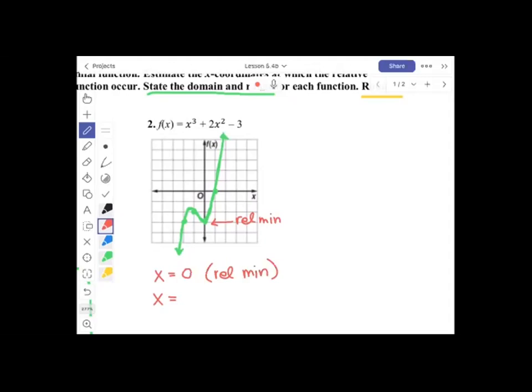Would it be like 1? No, it's not. So remember, you're looking at anything at the top of a hill or at the bottom of the valley. Then it'd be like 0. That'd be like negative. Negative like 1 point something.